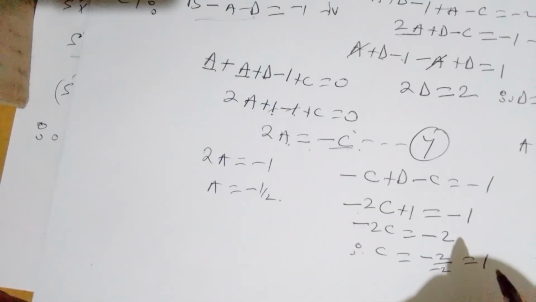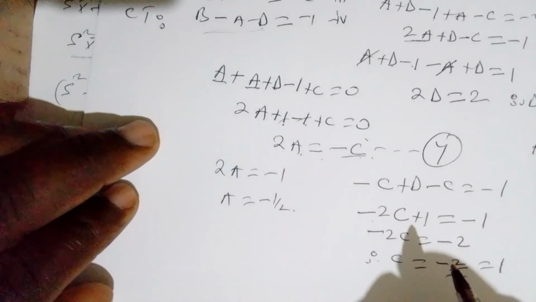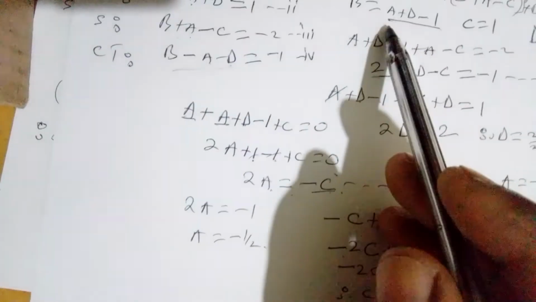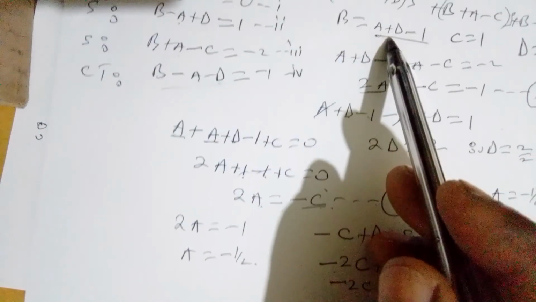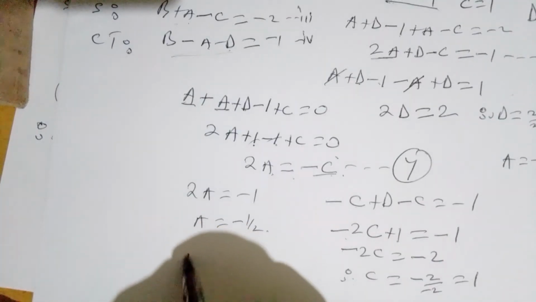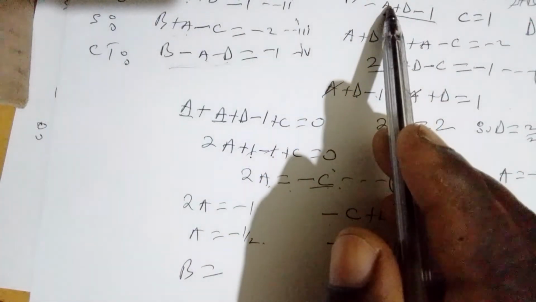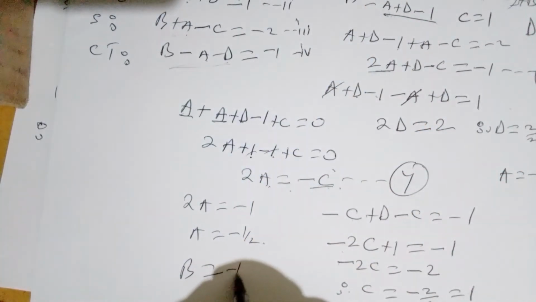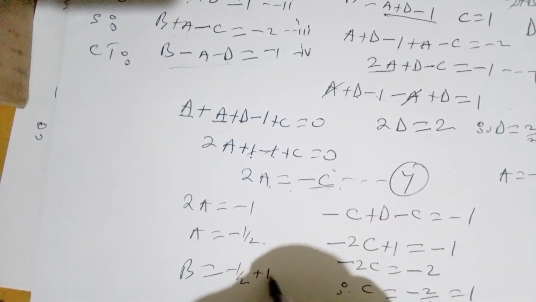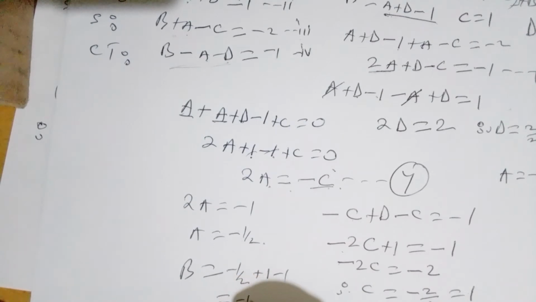Now we want to get the value of b. Now remember that b is given by this, so we can say that now b equals, now a is negative a half, d is 1, plus 1, then minus 1, is equal to negative a half.